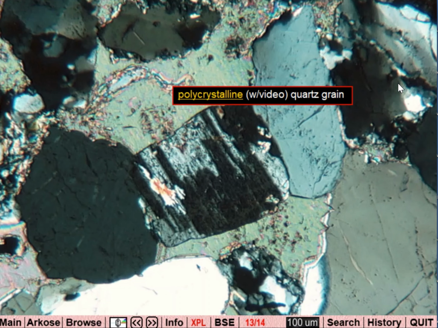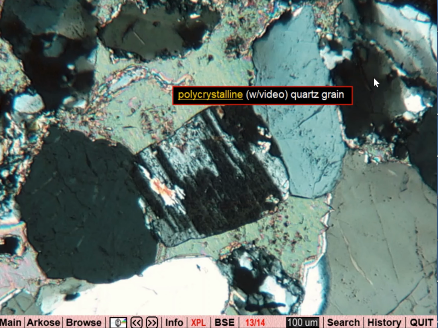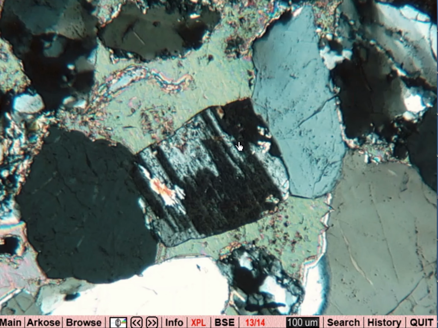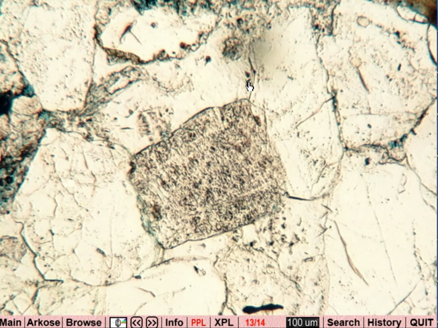You've got these little buds from when that rock formed. That's an actual metamorphic rock there. Whereas the monocrystalline quartz might be from a granite that's weathered. Okay, so here's our feldspar. It's vacuolized, and we're getting some albite forming.